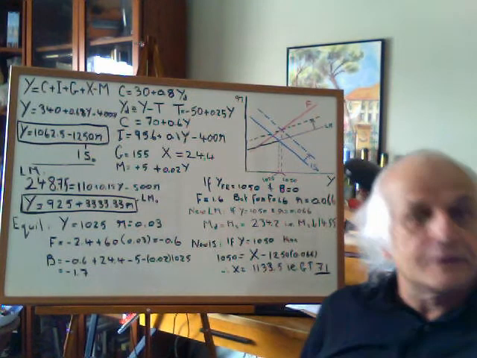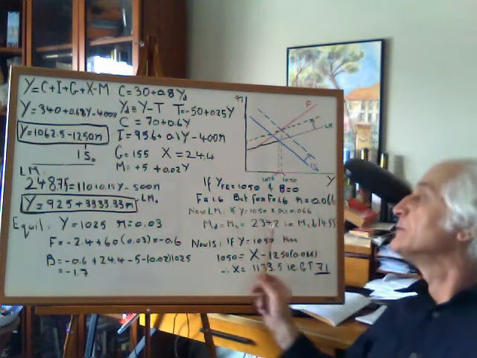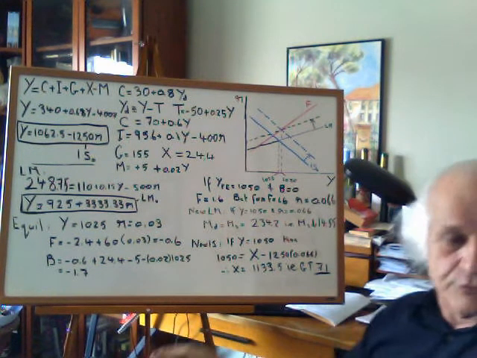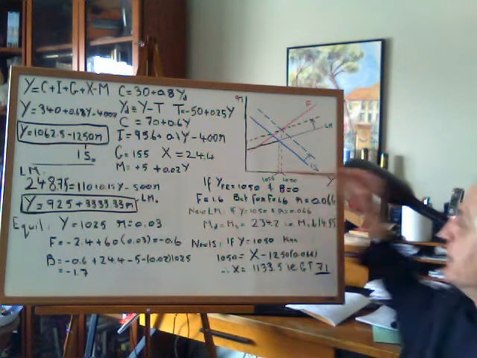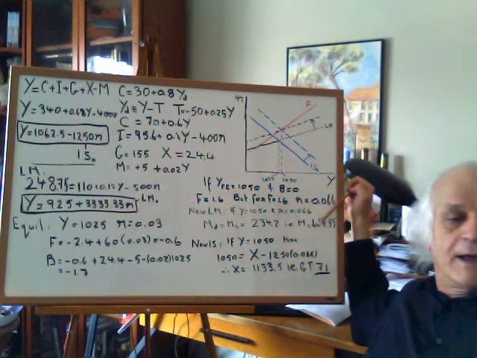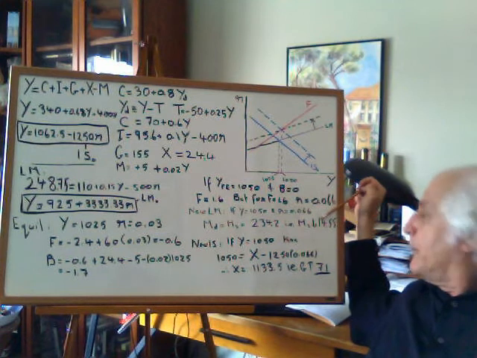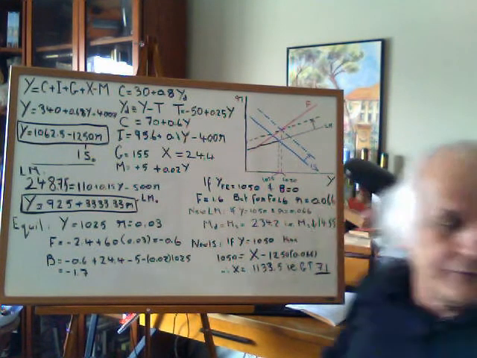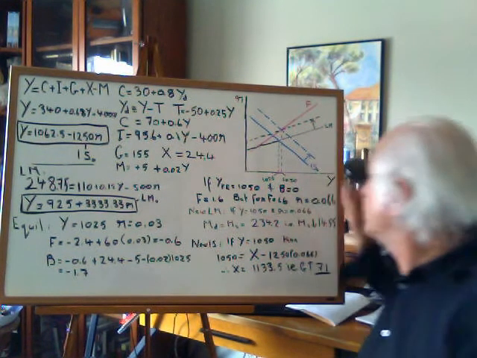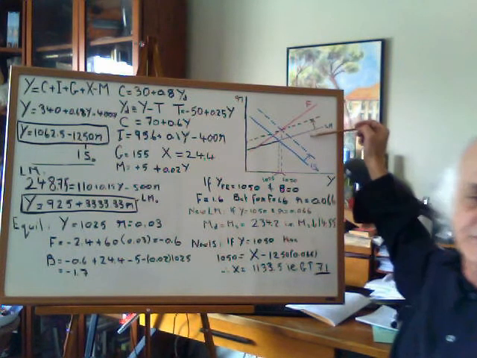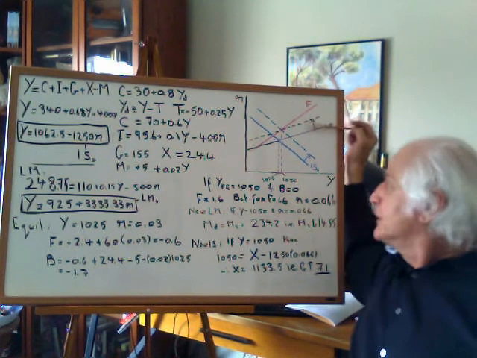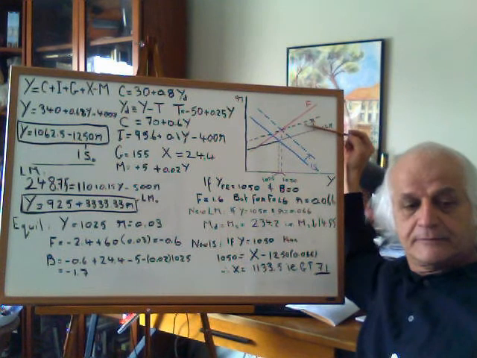What does it mean if the demand for money is 234? It means that money supply is 234. But if money supply is 234, and it used to be 248, it means that money supply has declined by 14.5, right? Now, if it has declined by 14.5, it means that LM has shifted upward.